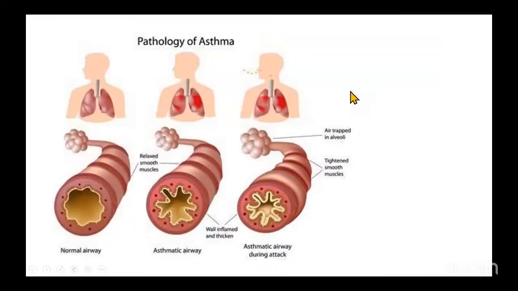Okay. In asthma, what happens? Some sort of trigger should be there, like pollen. In these people, usually the airways already have some bit of narrowing because of inflammation. Now, when a trigger happens, that will suddenly lead to spasm in those already narrowed airways and can result in asthmatic attacks.